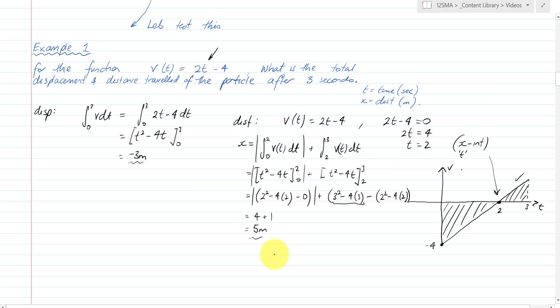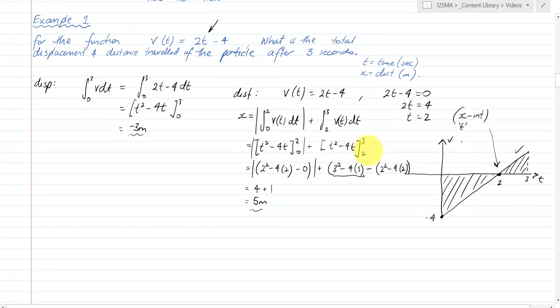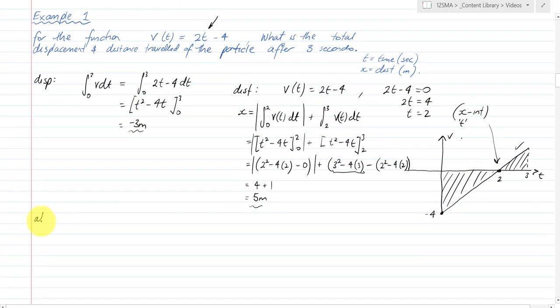Now, I could also do that by considering the integral, where x(t), the position, is equal to t squared minus 4t plus c. I've integrated. And then using the fact that it starts at 0, I put 0 equals 0 squared minus 4 times 0 plus c, and that gives me c equals 0.